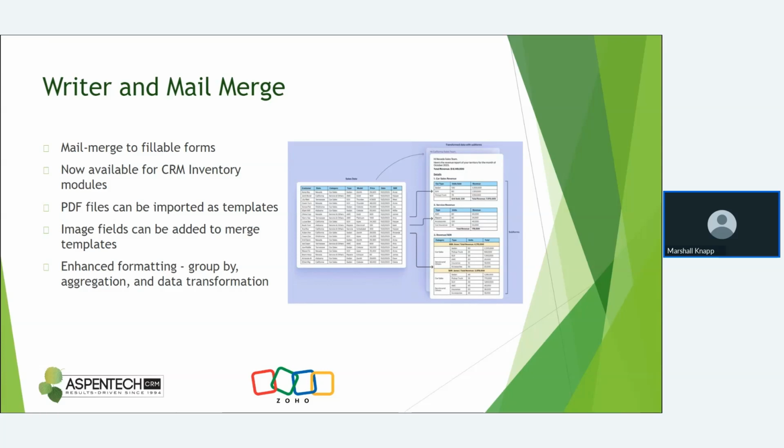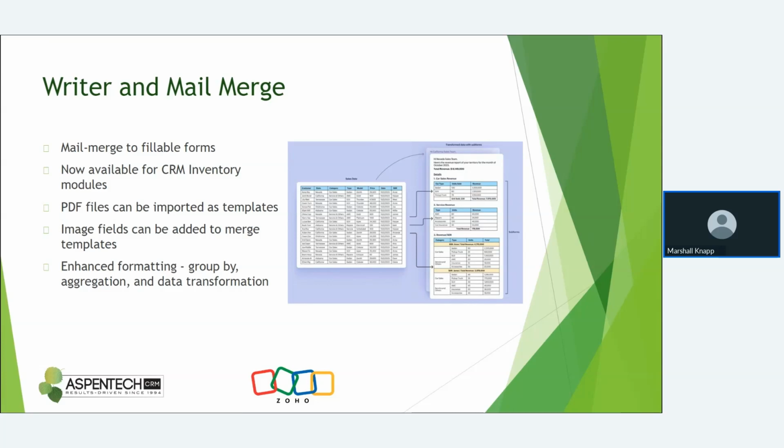Now you have the full editing and formatting capabilities of Zoho Writer to create templates for the inventory modules. So again, things like quotes, sales orders, invoices, and purchase orders. All of those types of things can now be utilized in mail merge with Zoho Writer templates as opposed to the previous more clunky alternative.